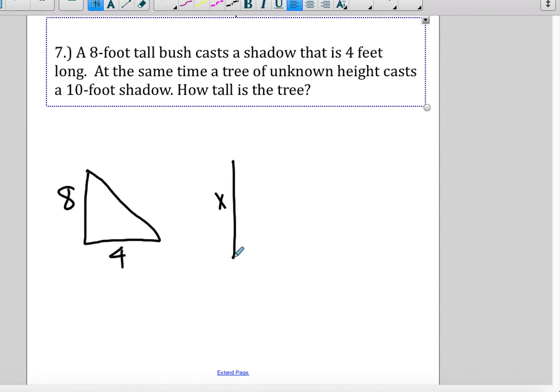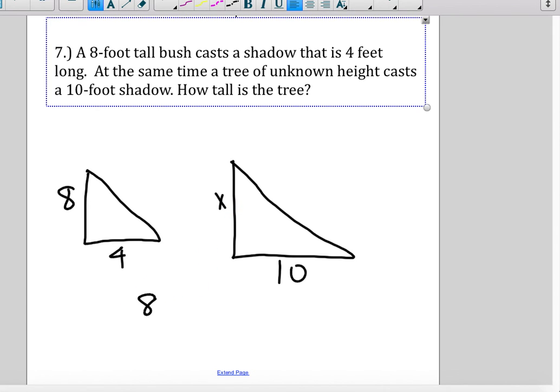So we don't know how tall this tree is, but we do know that it has a 10-foot shadow. And reading this problem, I see that the situations are using the shadows and they're not overlapping. And so you have to be able to draw the picture according to the scenario. Overlapping or not, and this would be a non-overlapping problem to solve.